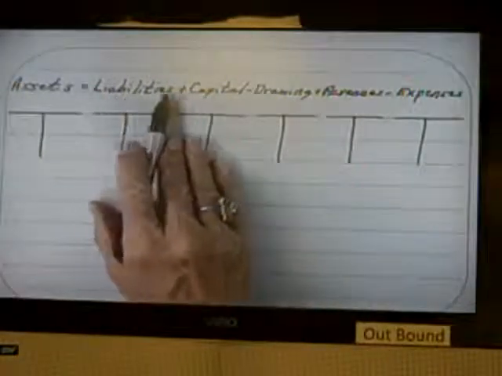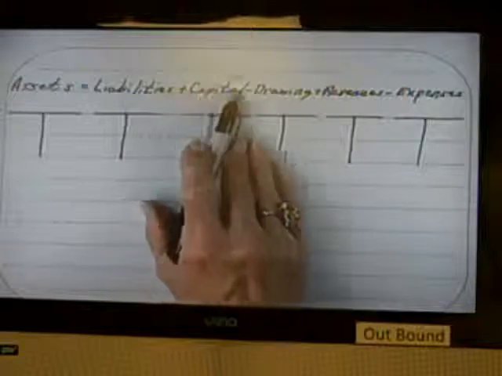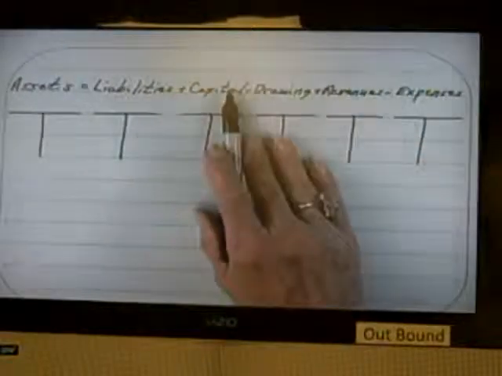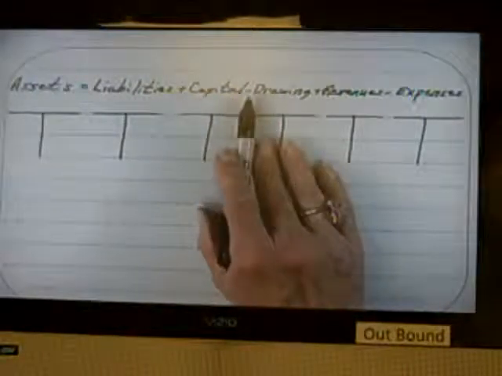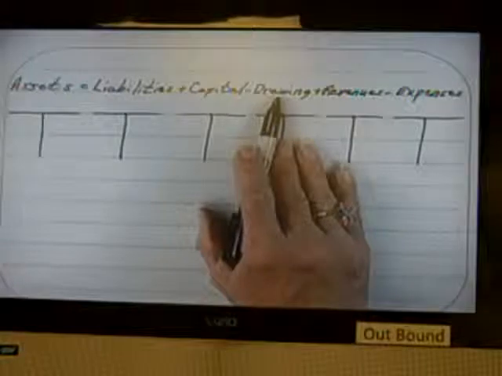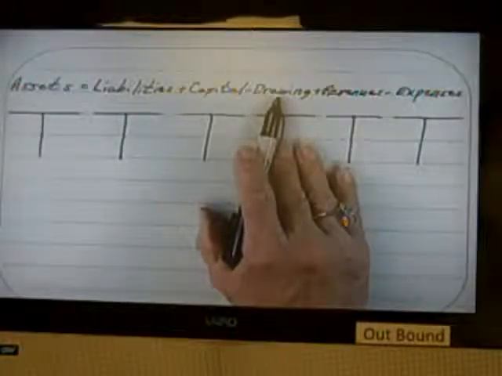I'm going to start with the accounting equation. Now, we already know the accounting equation. I'll go over it once more. Assets equal liabilities plus equity, owner's equity. All these are equity accounts. Capital, so liabilities plus capital, minus drawing or withdrawal. They are one and the same.